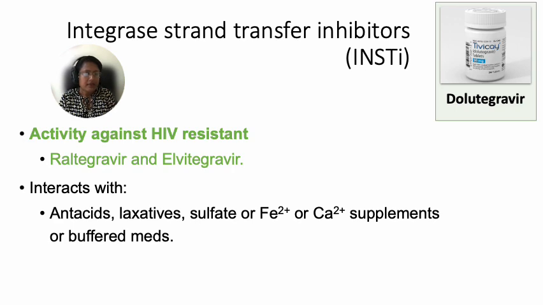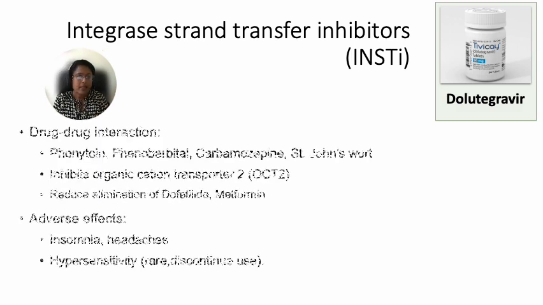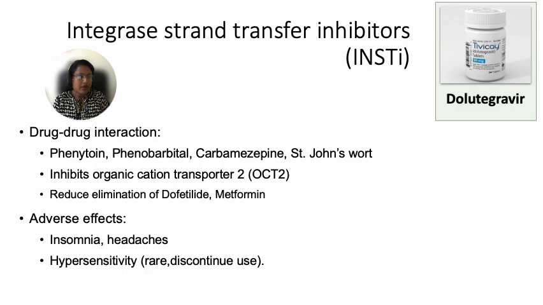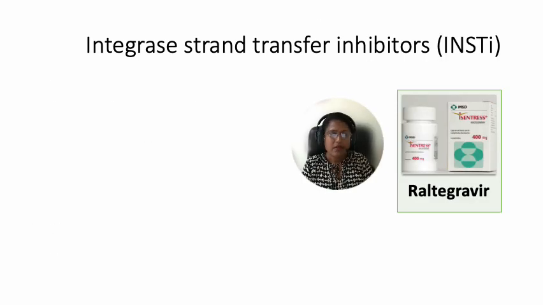It interacts with antacids, laxatives, or drugs that contain sulfates, iron, calcium supplements, or buffered medicines. Some drug interactions are as follows, and its adverse effects include insomnia and hypersensitivity. So you discontinue when dolutegravir hypersensitivity occurs.